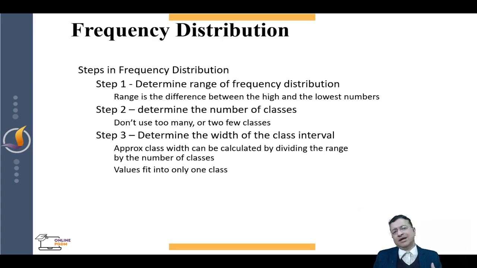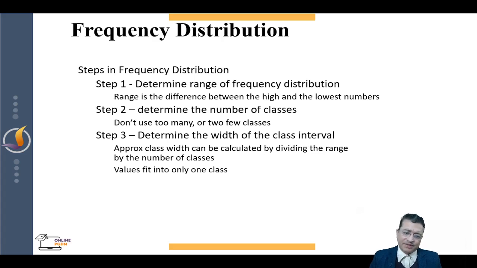Otherwise, we may have the maximum number of observations in one class, and even after classification we would again need to classify that particular class into subclasses. So then we need to find out the appropriate width of the class so that data can be converted into an appropriate frequency distribution.